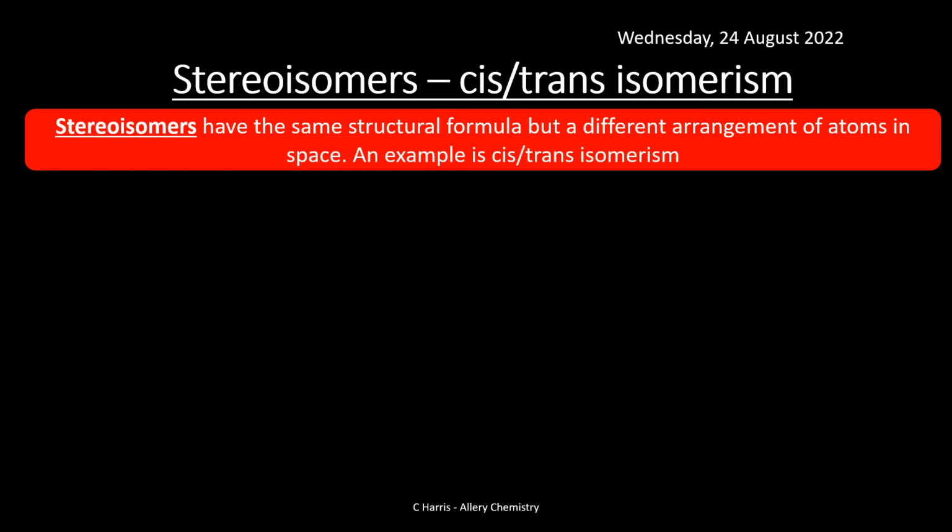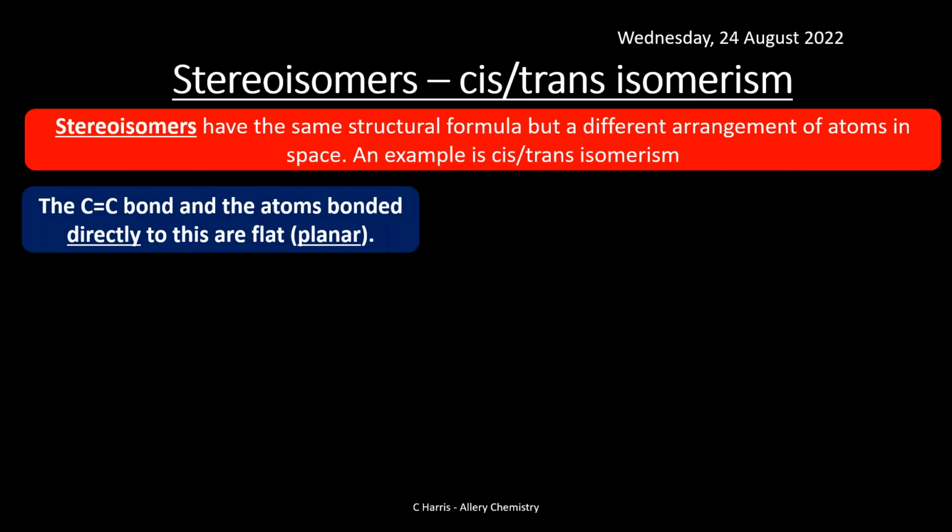An example of a stereoisomer is a cis-trans isomer. These normally exist with double bonds, with alkenes. So you've got a C double bond C, and the atoms bonded directly to it are flat. They're planar, so it's not sticking up all over the place, it's completely flat.